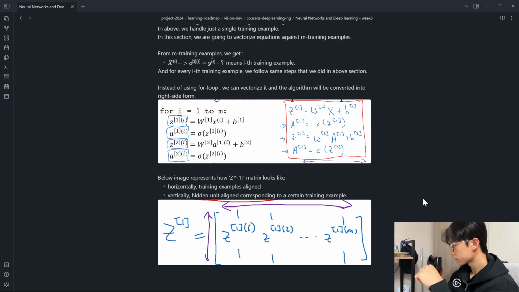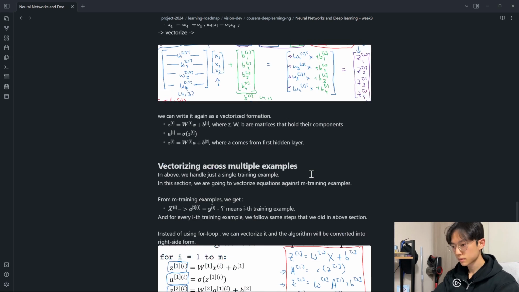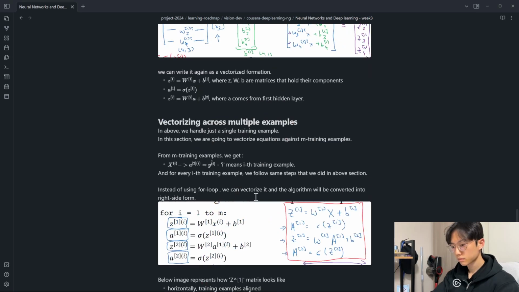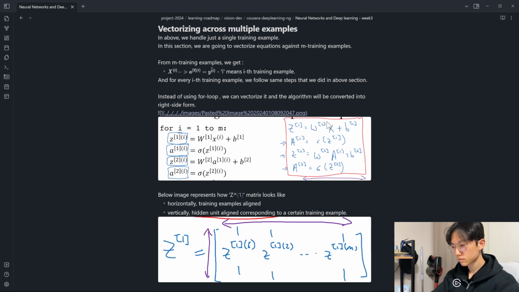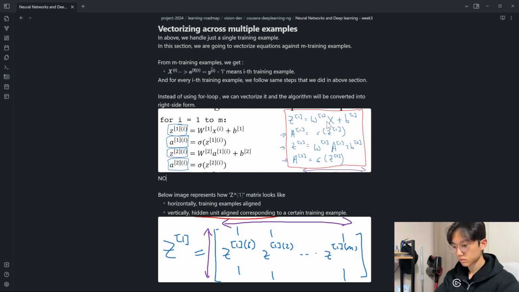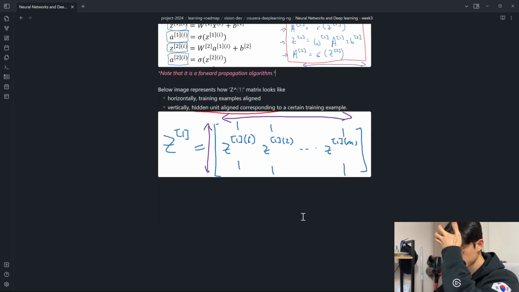And then we said, let's stack the training examples in columns like so.